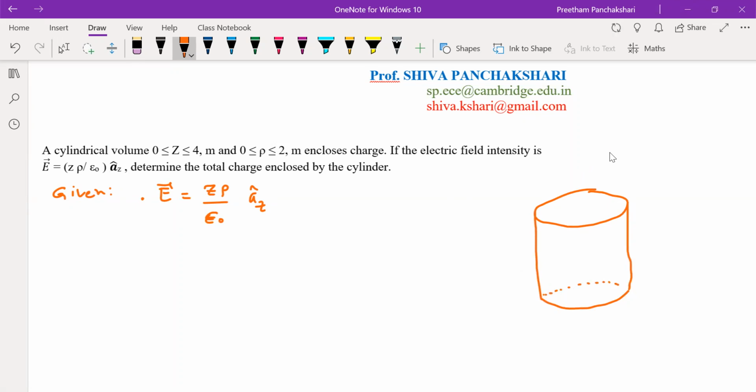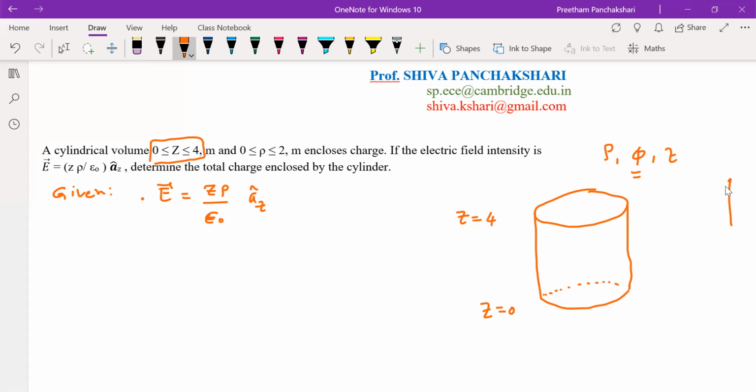In a cylindrical coordinate system, the variables are rho, phi, z. Anyhow, it's a complete cylinder, so phi varies from 0 to 2 pi. You have to take the ranges of rho and z. z varies from 0 to 4 meters. So z equal to 0, z equal to 4.